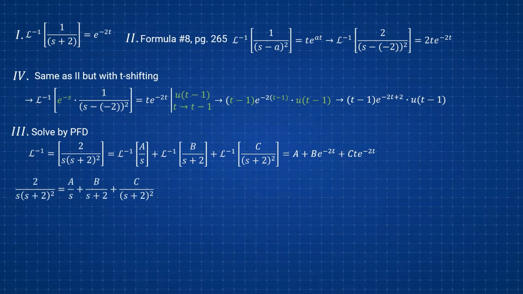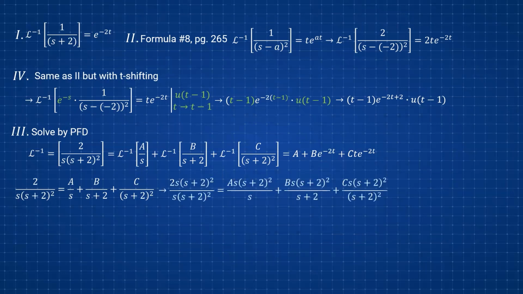So we'll have 2 over s times (s plus 2) squared equals A over s plus B over s plus 2 plus C over (s plus 2) squared. After I cross multiply everything and divide, this is what I'm essentially going to get: A times (s plus 2) squared plus B s times (s plus 2) plus C s.